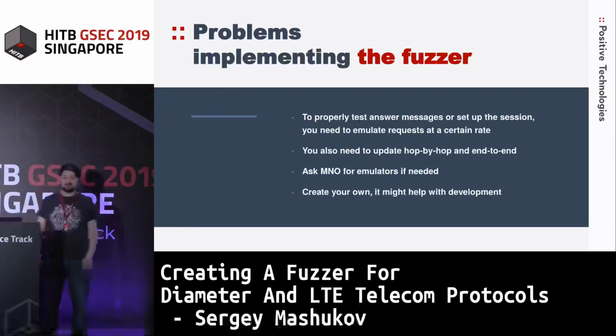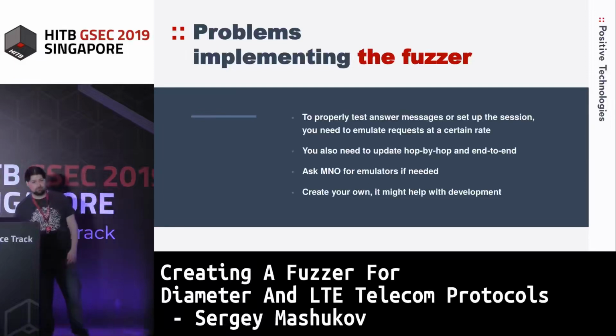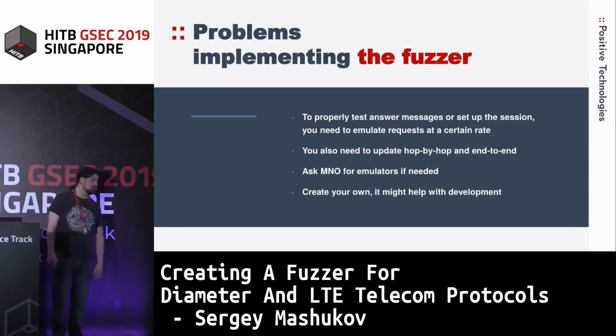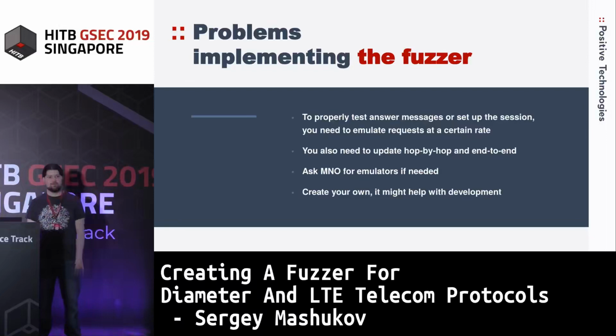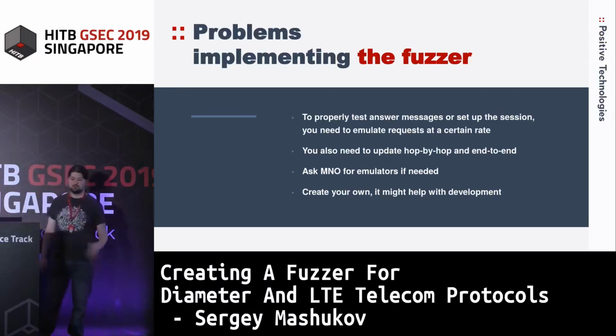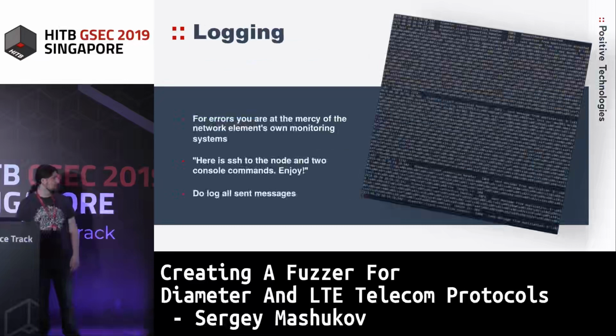As I said, in some cases you would need emulators, and a good rule of thumb is to have your own, because yes, you can ask the MNO, but in most cases they say no. Also, quite a simple thing, but well, Captain Obvious to the rescue: you need to update identities that should be changed between each message, like you need to update hop-by-hop and end-to-end identifiers for Diameter.